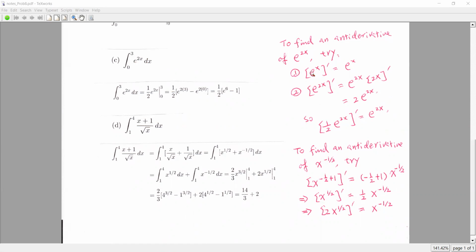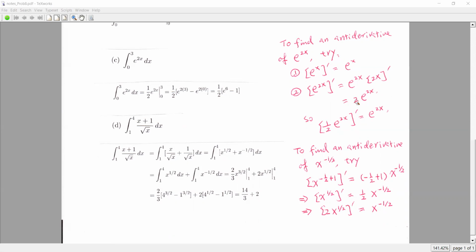The first try, I try the function e to x. Derivative of e to x is e to x. Then second try, I try e to 2x. Derivative of e to 2x by the chain rule is 2 times e to 2x.